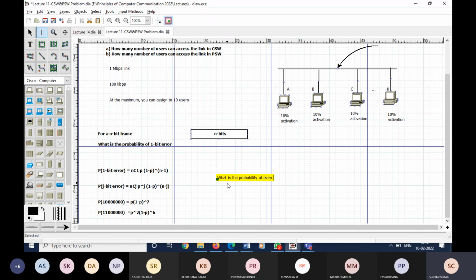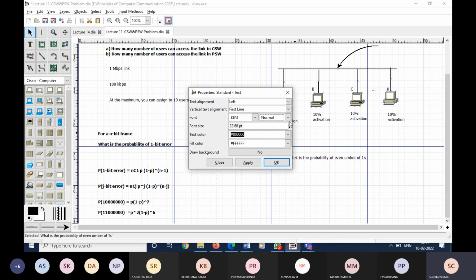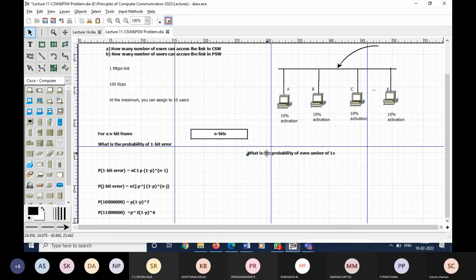Here you have to write the probability at the even places.